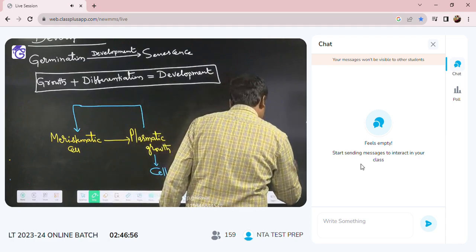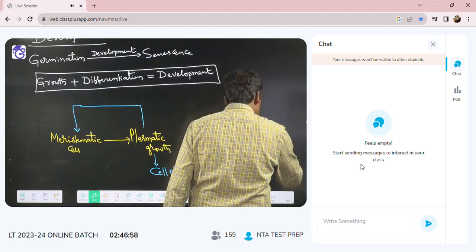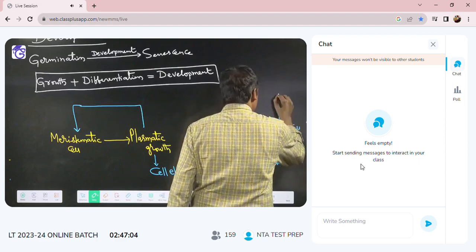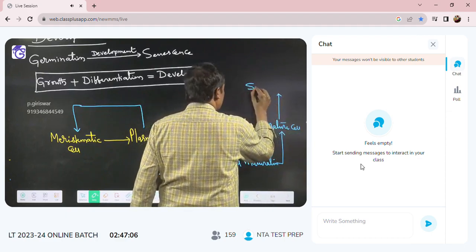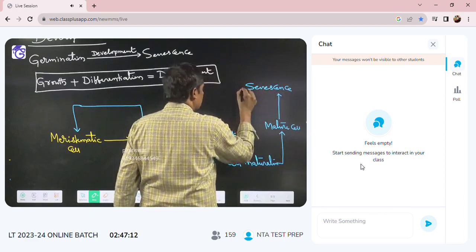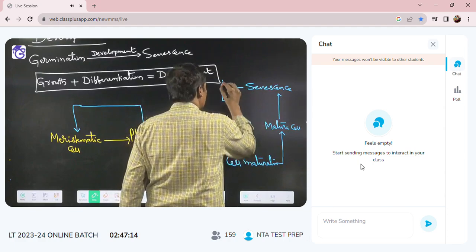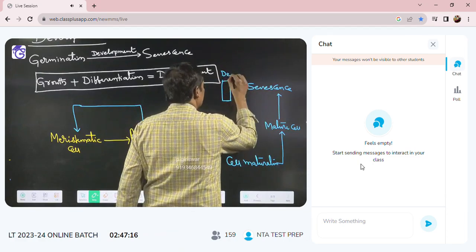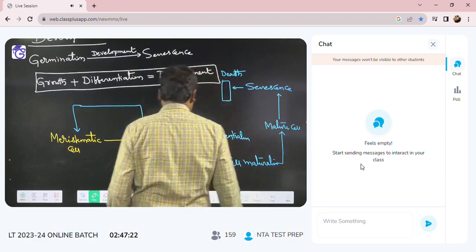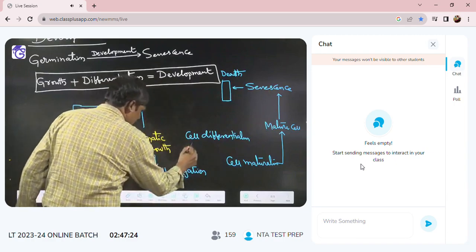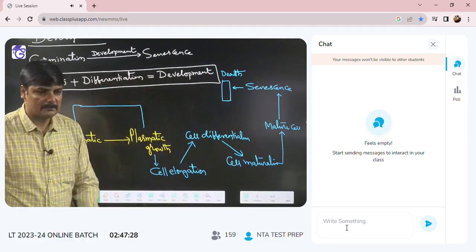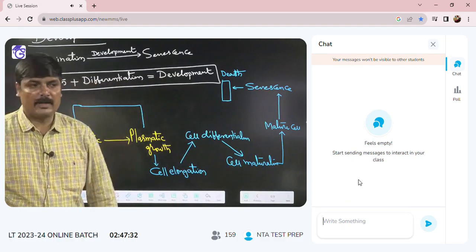As a result, mature cell undergo senescence. Senescence leads to death of the cell. See students here, this is the correct sequence.